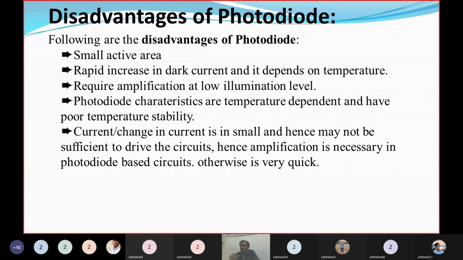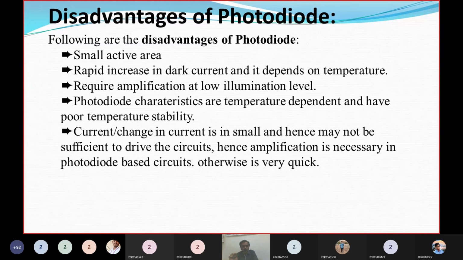Hence amplification is necessary in photodiode based circuits. That's why we should use current amplifiers. Amplification is compulsory if you use photodiodes.